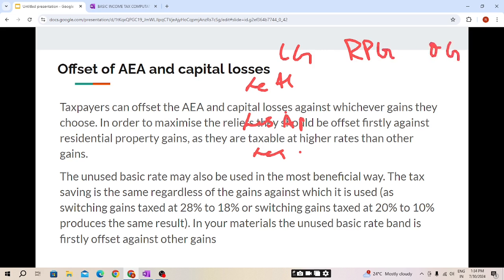The basic rule to set off AEA and capital losses is first against the residential property gain and then other gains. Because the residential property gain is taxed at a higher rate, that is 18 and 28%, so first we will set off the AEA and capital loss against this, then come into other gains.